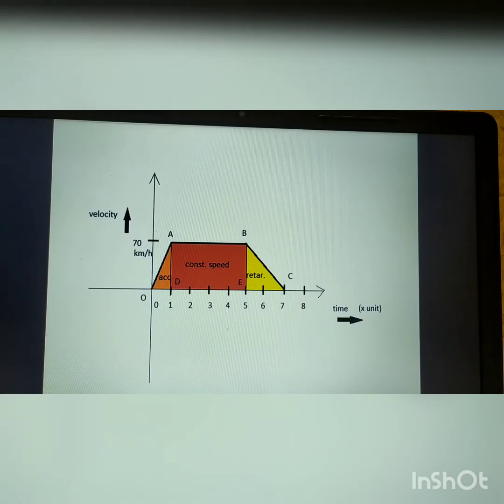So here v dt gives the area of the curve, and that gives the displacement covered in the whole journey. So we will find the area under the curve. First, the area of the triangle AOD, then the area of the rectangle ABED, and then the area of the triangle BEC.